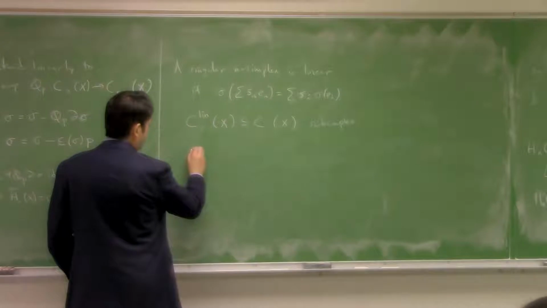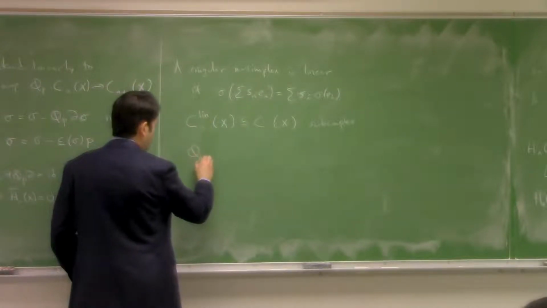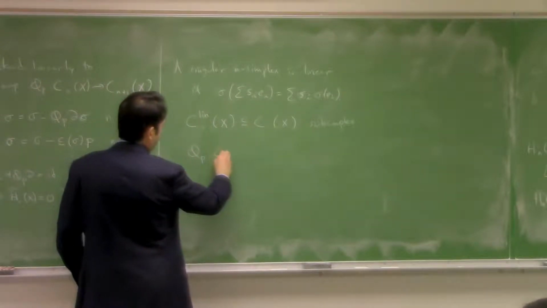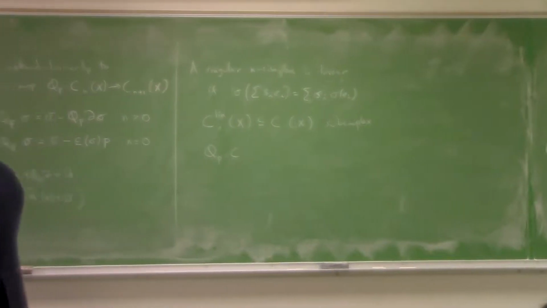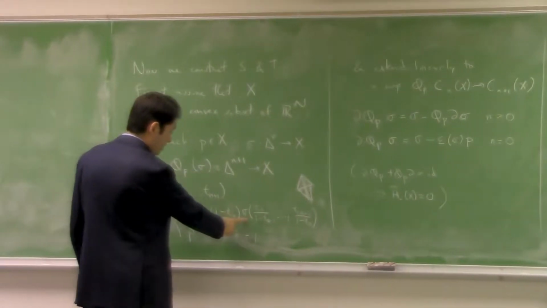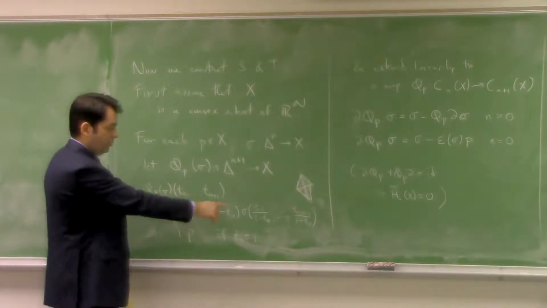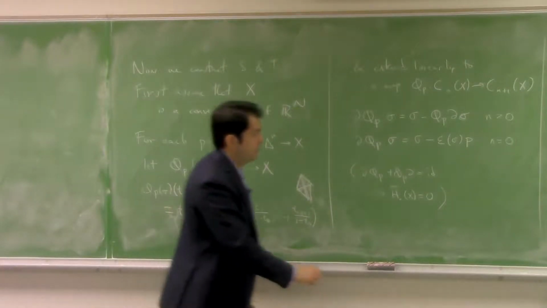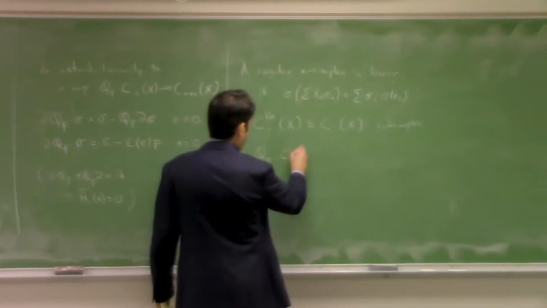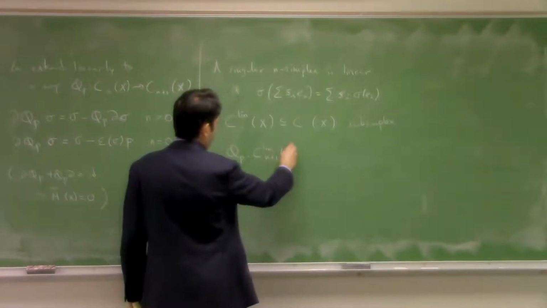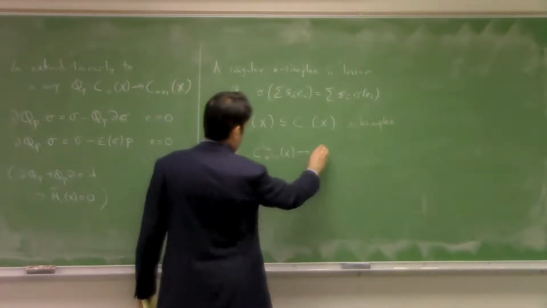And if you cone, then directly from the definition, if sigma is a linear map, then this whole Q_P sigma is also a linear map. So Q_P is going to take linear simplices to linear (n+1)-simplices.